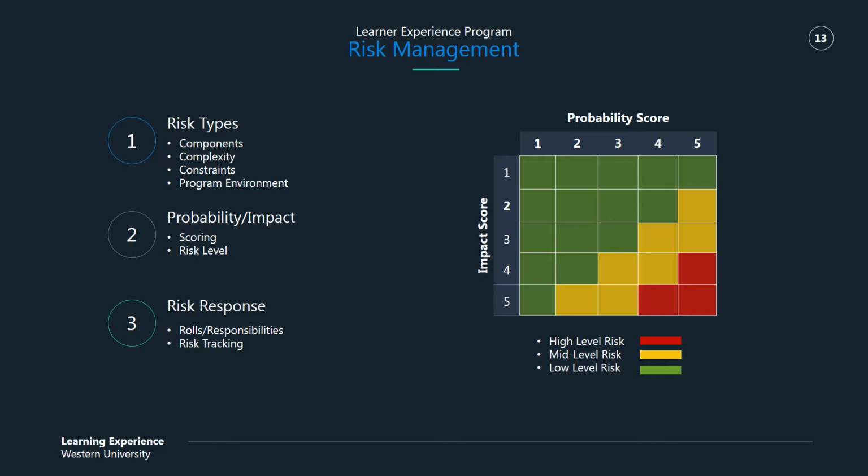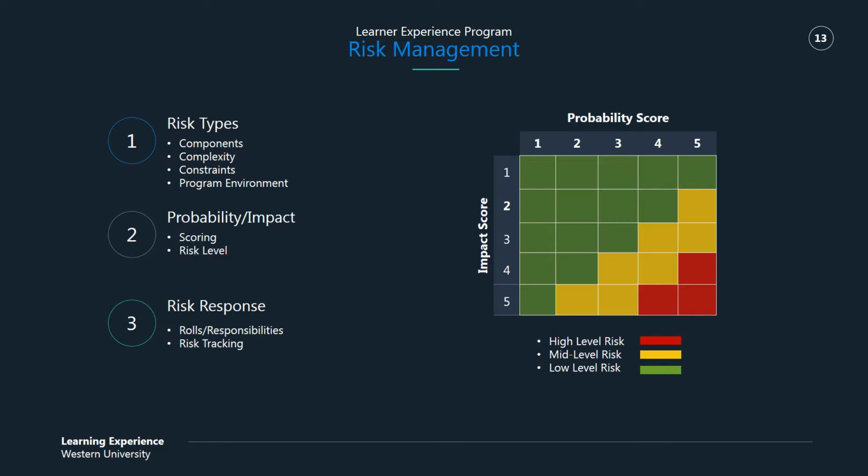And then how we get our scores is we multiply our probability score and our impact score, and that gives us our final risk score. As you can see in the matrix to the right, we sort of have our level of risk acceptance mapped out here.